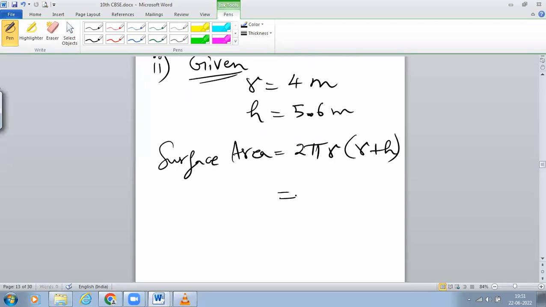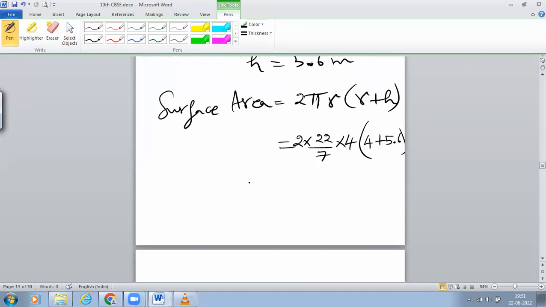Which is equal to, now you have to replace the values. So 2 into pi is 22 by 7 into, what is r? R here is 4, into bracket open r plus h. R is 4 plus, what is height? It is 5.6. Now we have to simplify this. See here, 7 and 4 have no common factor, 7 and 2 also have no common factor, and 7 and 22 also have no common factor.